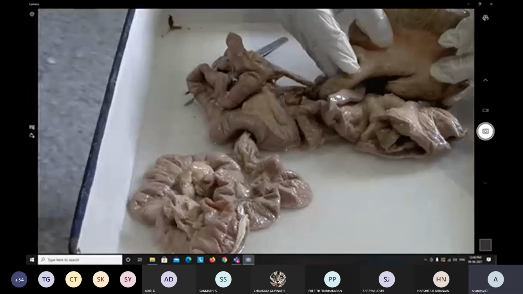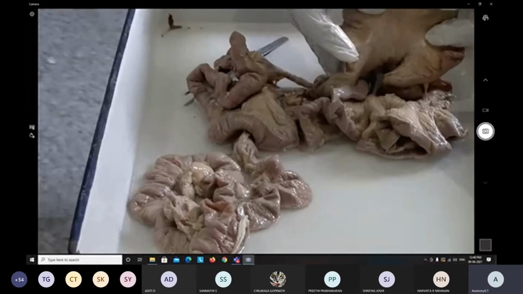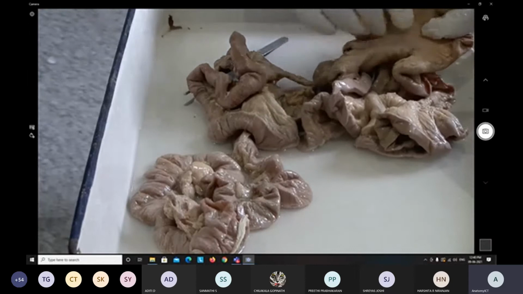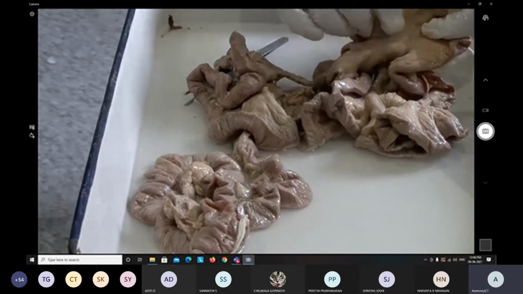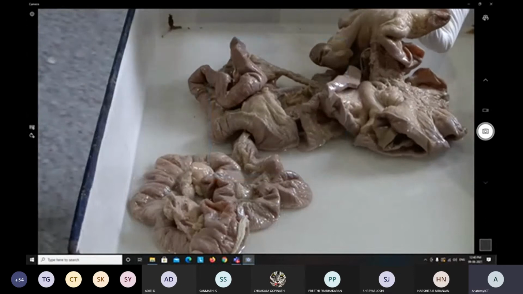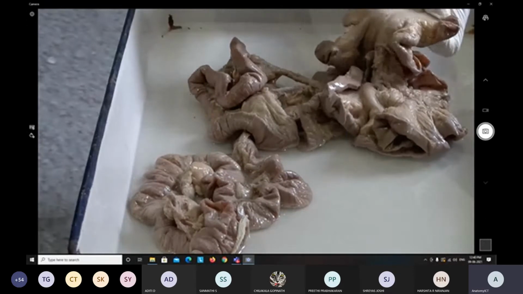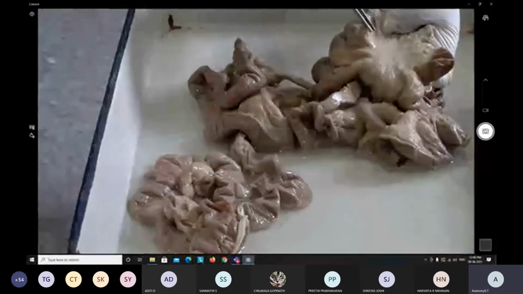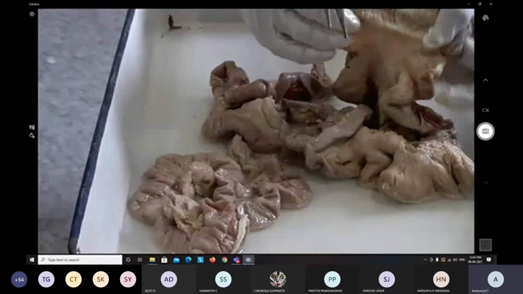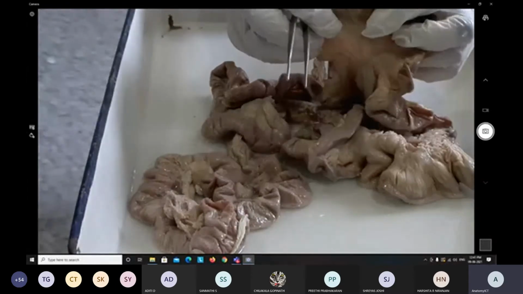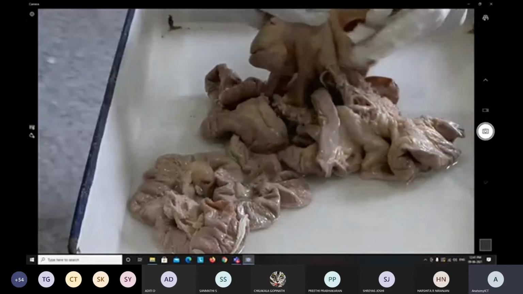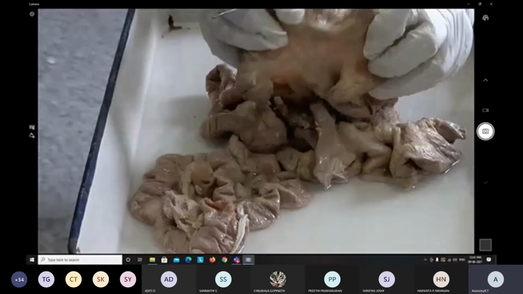It is not possible to see properly, but still I am trying to show you something. You can appreciate some blood vessels, and it is very thickened. You appreciate exactly two blood vessels.